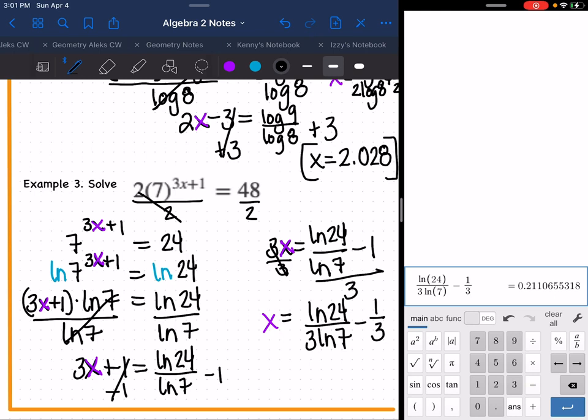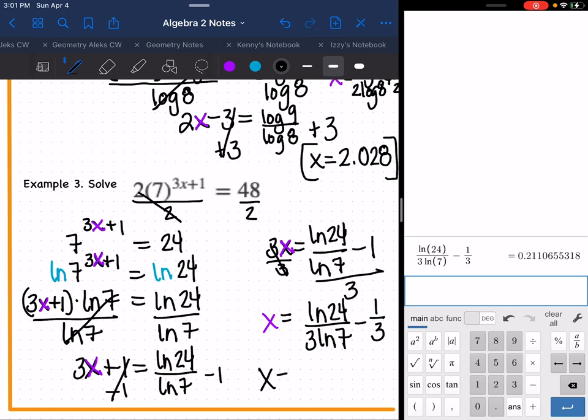If I choose to use natural log in the numerator and log in the denominator, it's probably not going to work. All right, here we go. And if we round to the nearest 3 decimal places, 2, 1, and the third number is a 1, I want to check the fourth number, it's a 0, so I'm going to leave it a 1.